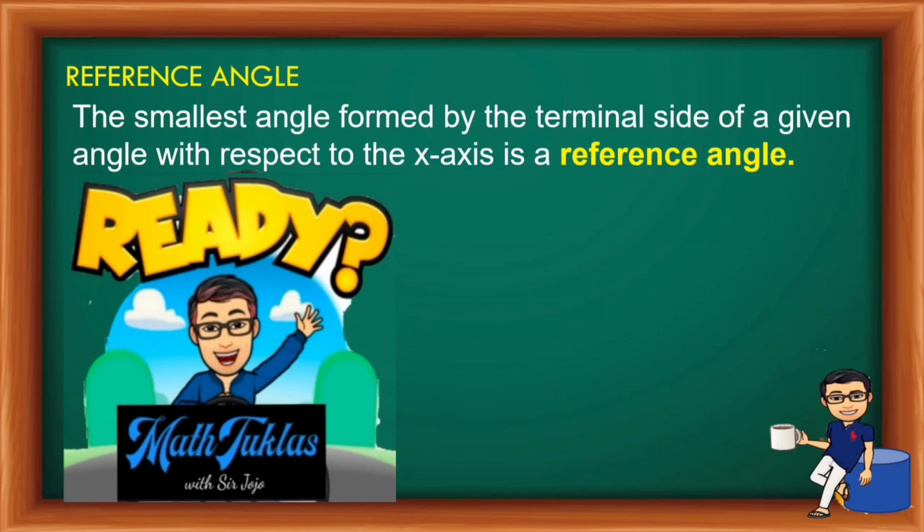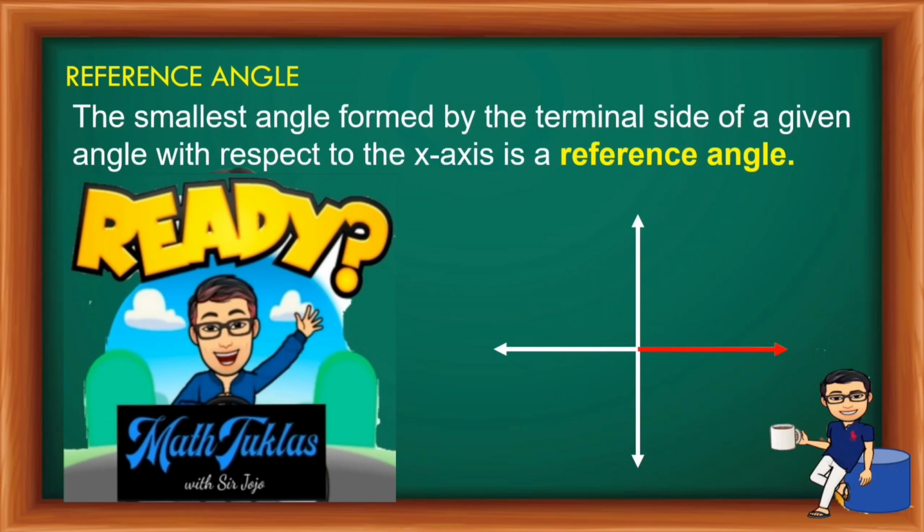Tiyakin natin na ang angle na mabubuo ay mula sa x-axis at sa terminal side ng angle. Since we are particular with the reference angle, mas alamin natin ito sa pamamagitan ng mga illustration. Let's begin with the first illustration. So, given the x and the y-axis, let us consider that will be our initial side.